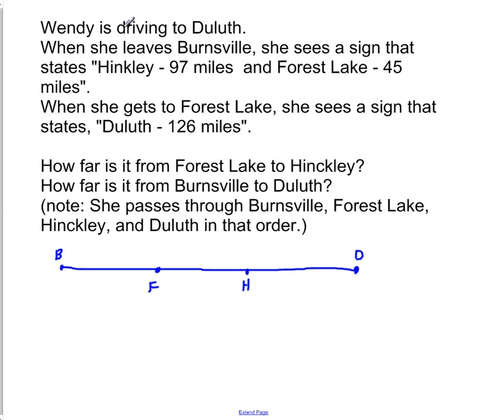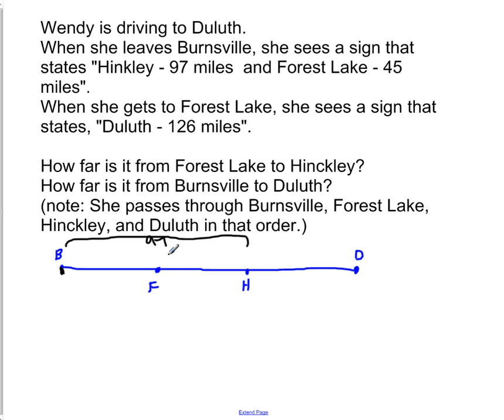Okay, so let's label some of the things that they told us in this word problem. We use black. When she leaves Burnsville, so she's right here, she sees a sign that says Hinckley is 97 miles away. So we're going to write 97 miles away.